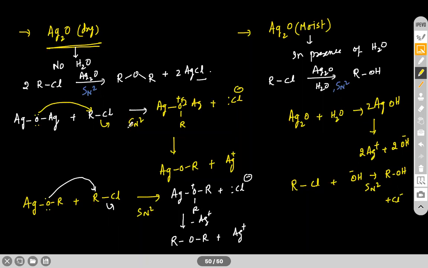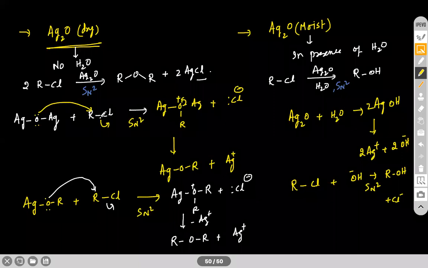No, what happens is, when it has the tendency to attack onto this, we have an intermediate step, that is the trigonal bipyramid. I discussed yesterday that the O and R bond is about to form, and the R and Cl bond is about to break. That instant we are talking about is this.